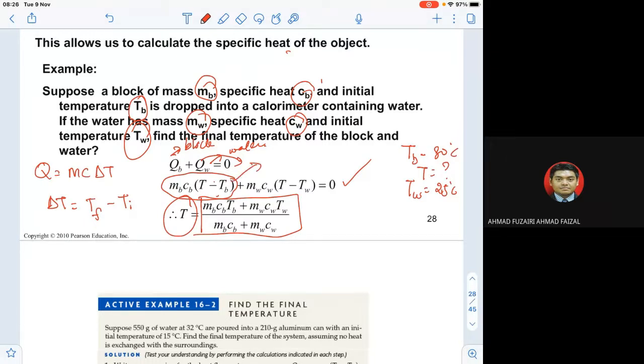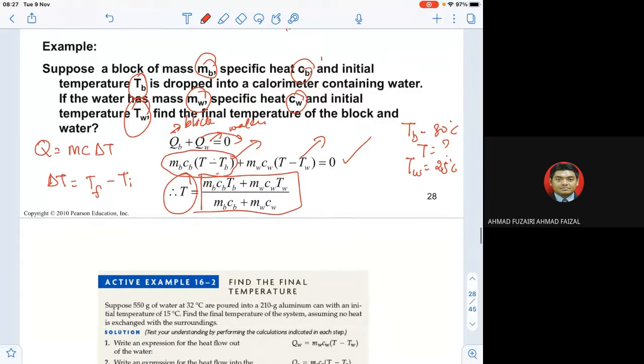The quantity of energy of the block plus the quantity of energy of the water is equal to 0. From that we can find the final temperature of the combined block and water.